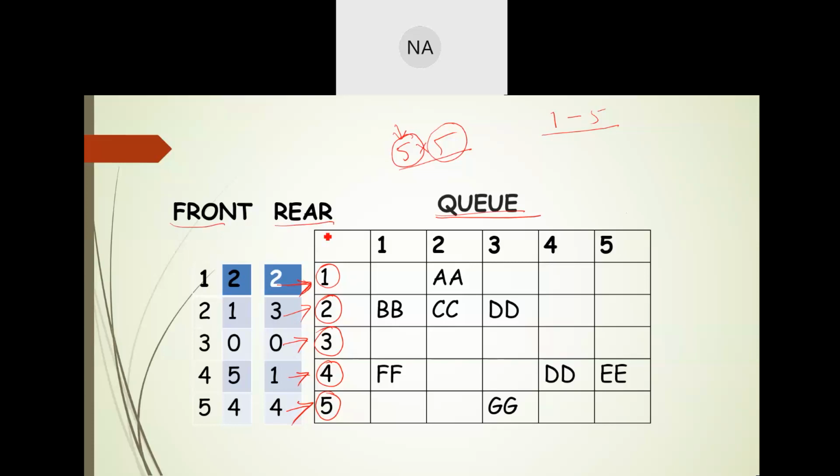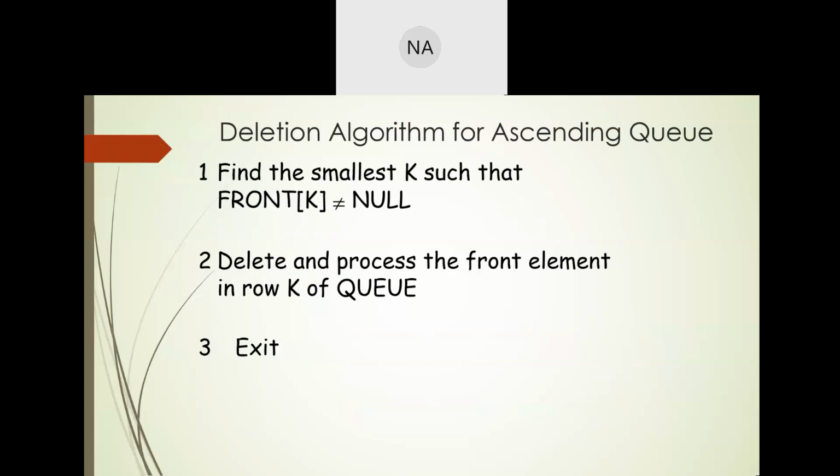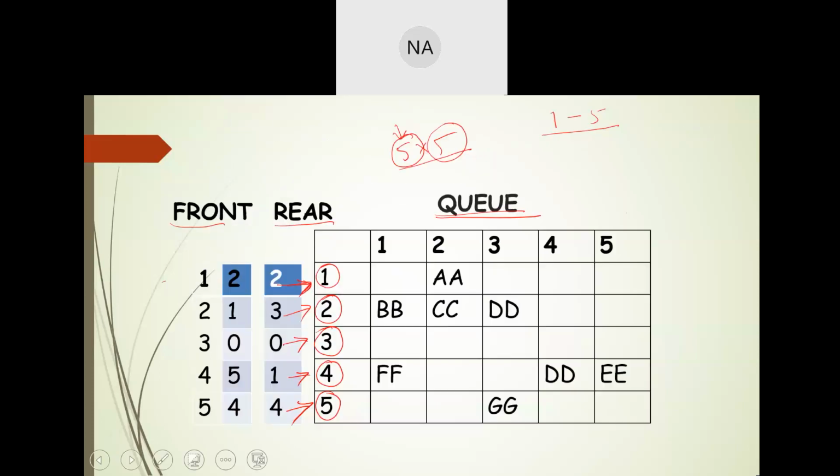The front pointer for the first queue, associated with priority value 1, is 2, and rear is also 2. Front and rear are both equal to 2, which is not null, not -1 or 0. It means that there is a single value in the priority queue, and that is A at location 2.